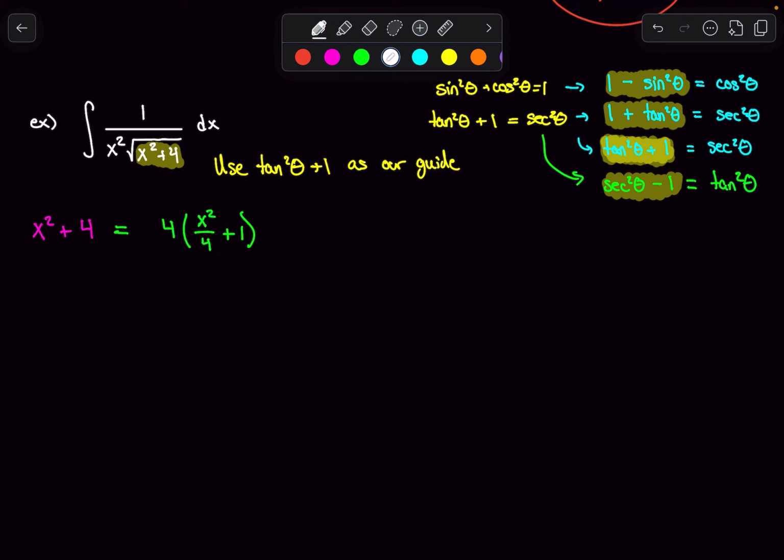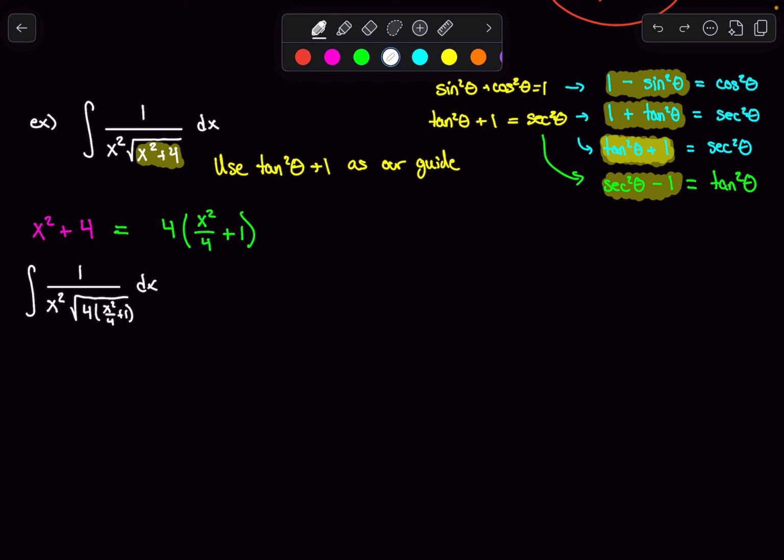So I said, okay, well, that's not too bad, because now my integral is going to be the integral of 1 over, we're going to have an x squared, then I have the square root of 4 times x squared over 4 plus 1 dx. And last time I checked, the square root of 4 is just 2.